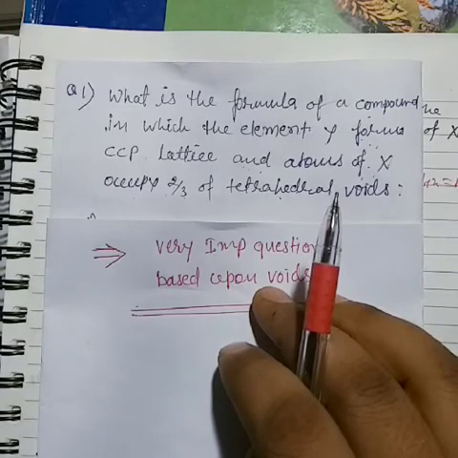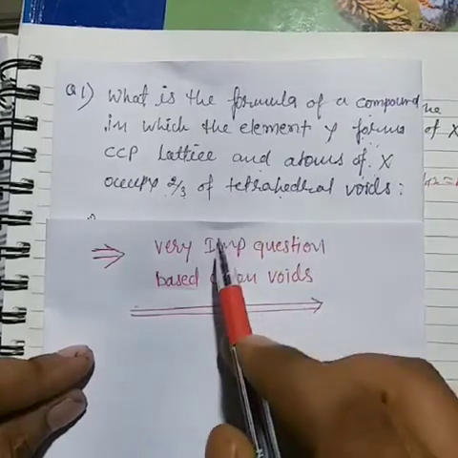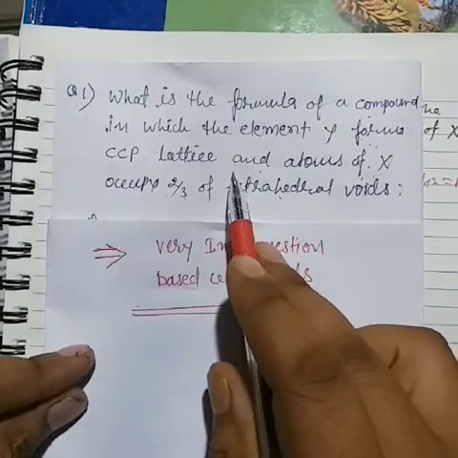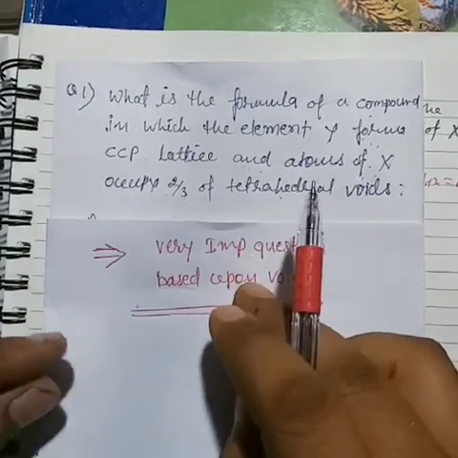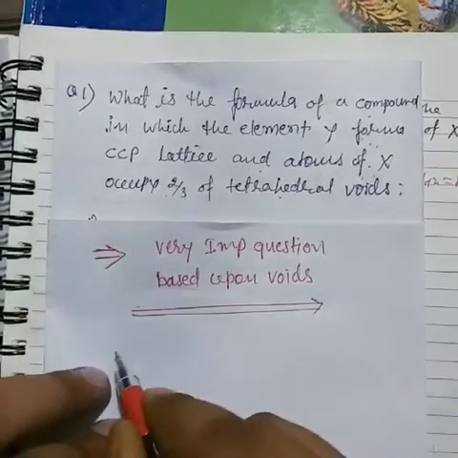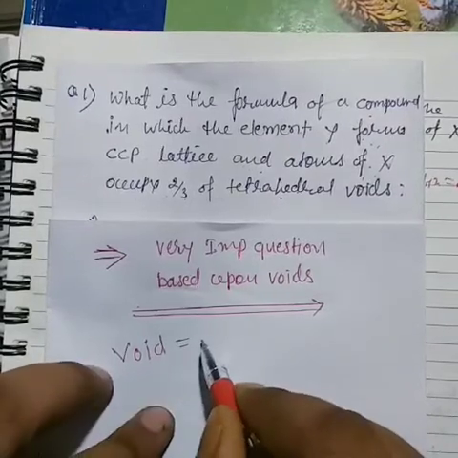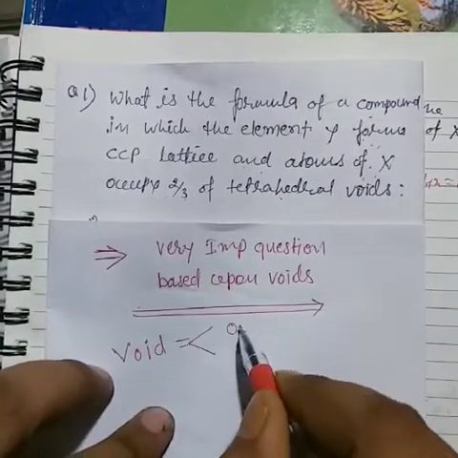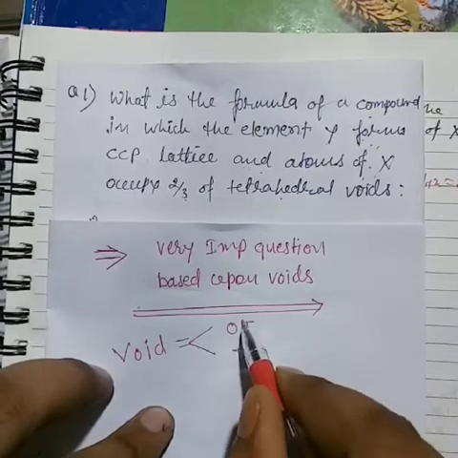First of all, I want to tell you the basic needs of these questions. These questions are all based upon voids, so we need data related to voids. Voids are of two types: octahedral voids and tetrahedral voids.